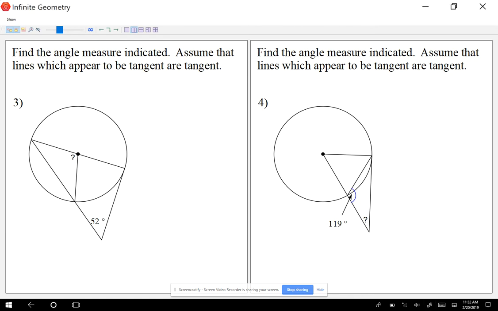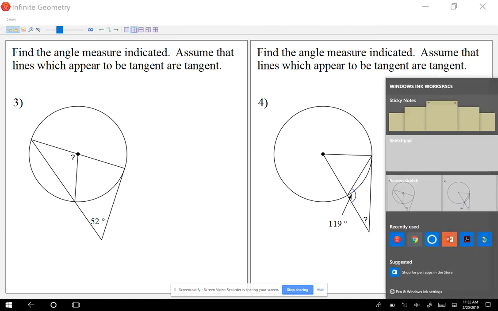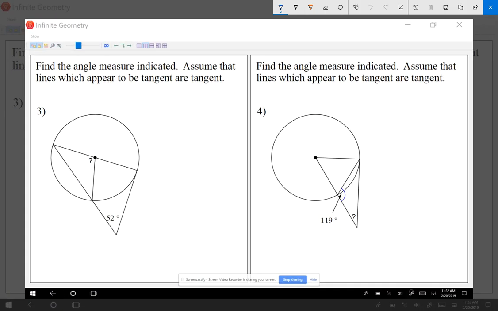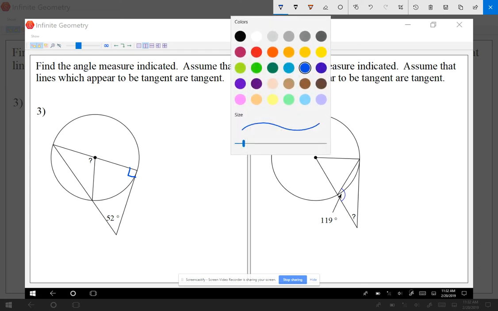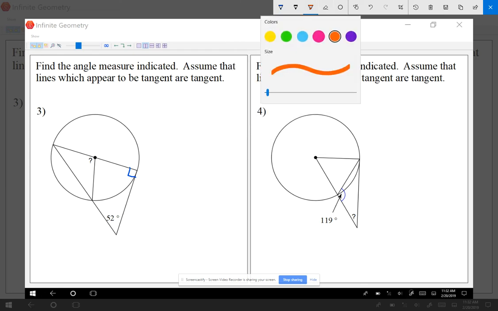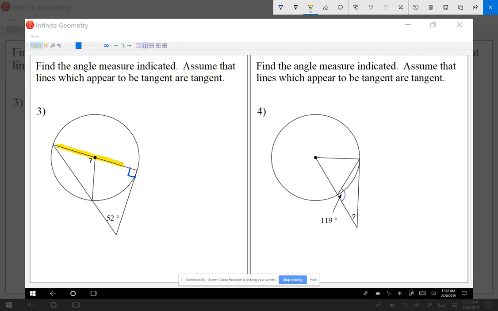Every time you see an angle given, think of how can I use that angle? I see a 52 given, and I see a 90 degrees given, because that angle is made by a radius and a tangent. How can I use those two angles? I'm going to be looking at a triangle.